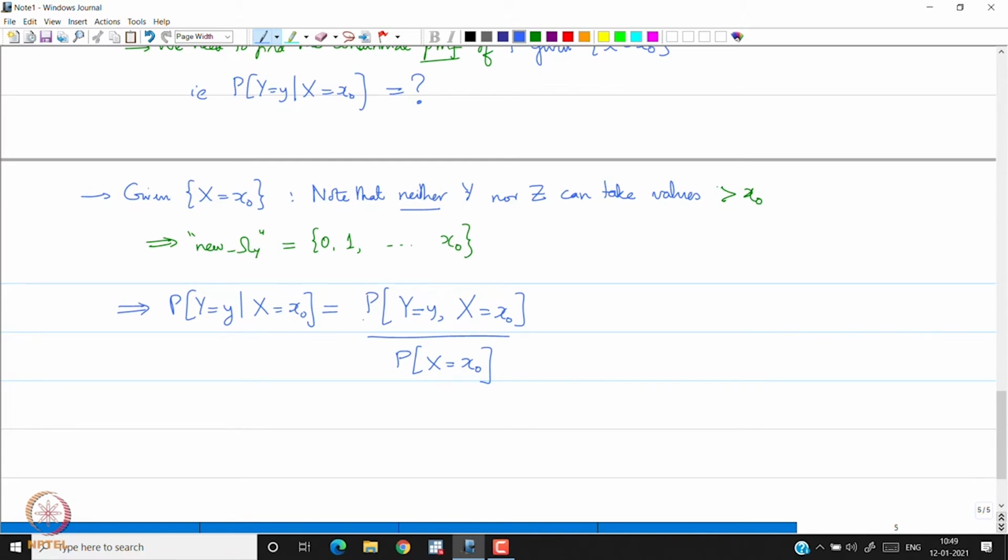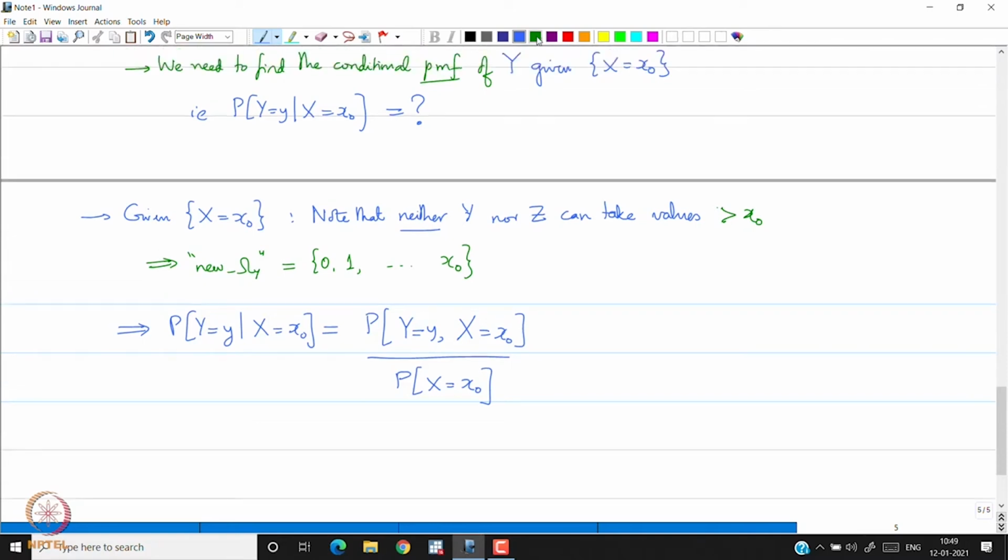Let me write one more step here. The numerator event, Y equal to small y and X equal to x naught, we cannot easily find directly as a joint probability like this, but we can write the joint event as Y equal to small y and Z now has to take the value small x naught minus y.